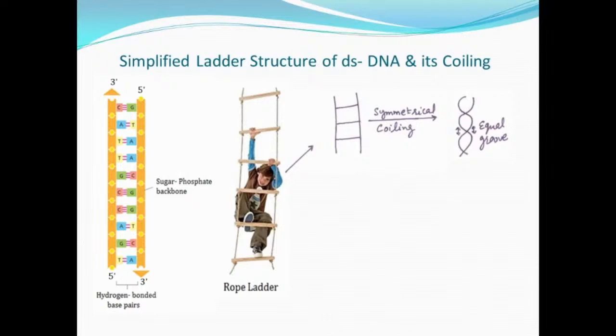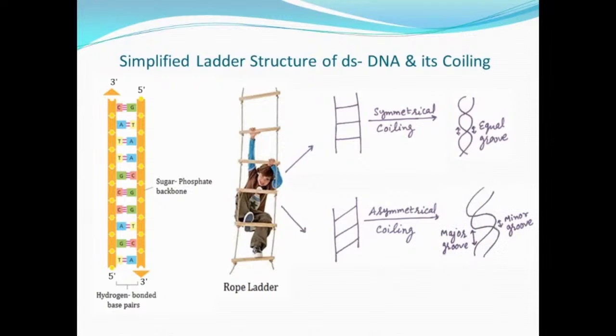But if the rope ladder gets tilted a bit during twisting, it will result in an asymmetrical coiling with grooves of unequal size on its sides. Likewise, the DNA duplex gets tilted in the same way during coiling, due to which we observe major and minor grooves in its structure.